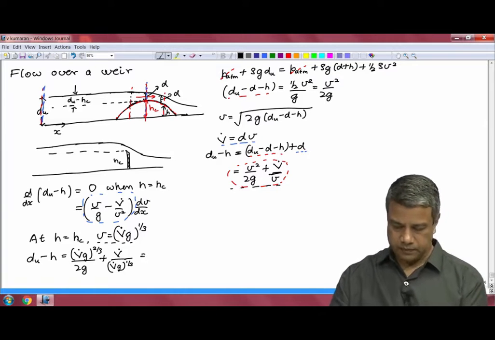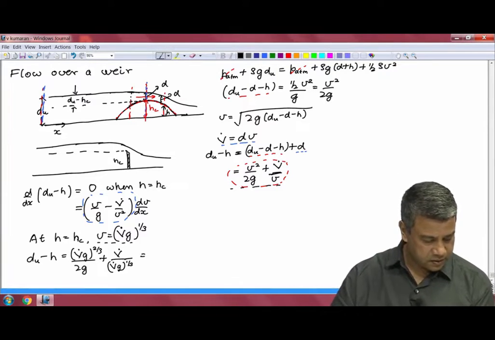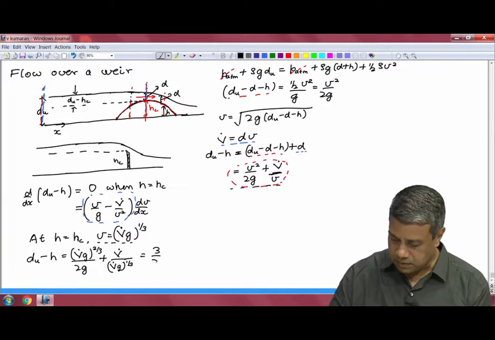And you can easily simplify this to get 3 by 2 into (V dot by g) whole power 1/3.